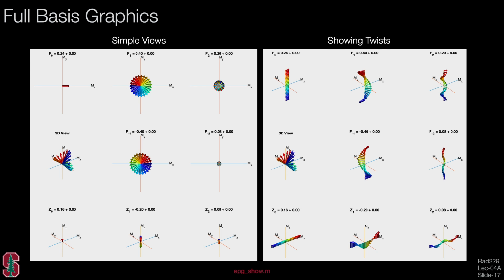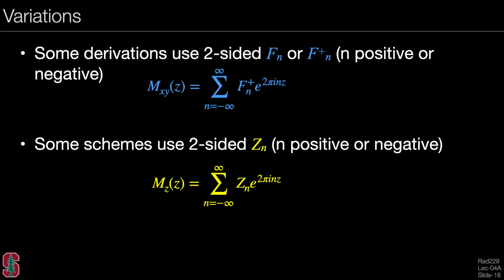Because of the redundancy of showing the F0 state, we can show a 3D view of the magnetization here, and then we can show the longitudinal magnetization here. Now we can also do this by showing these as twists, which might be useful for some configurations or variations. And here we've shown the MZ with the variation along the MX direction across the voxel, just for the graphic. There are also some variations, as mentioned.